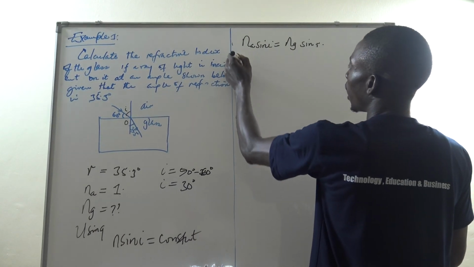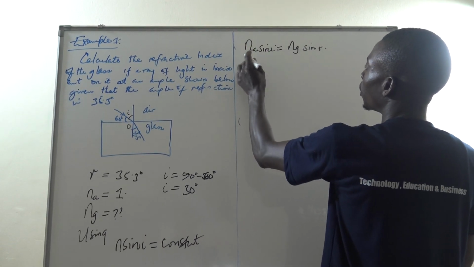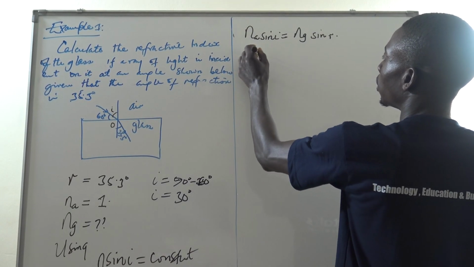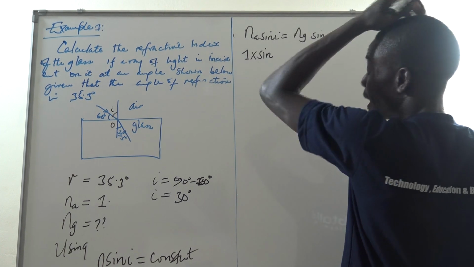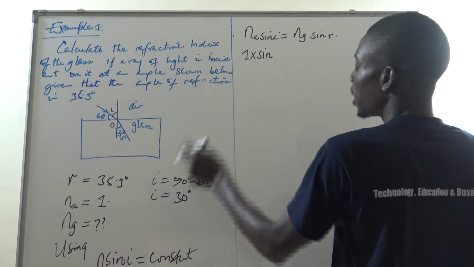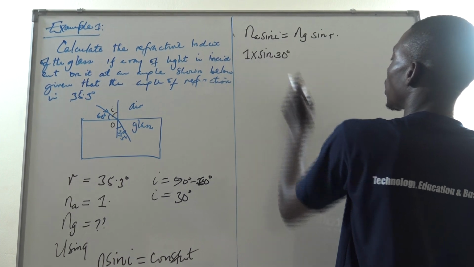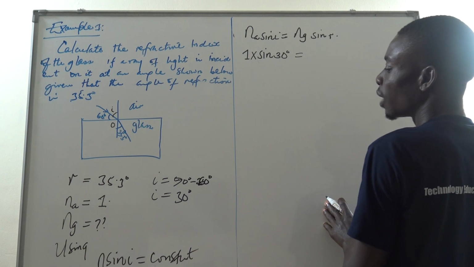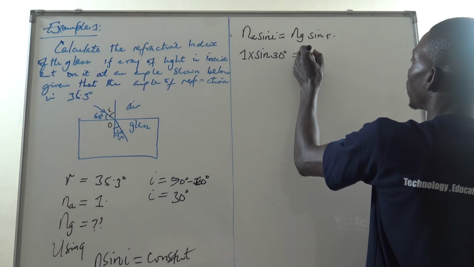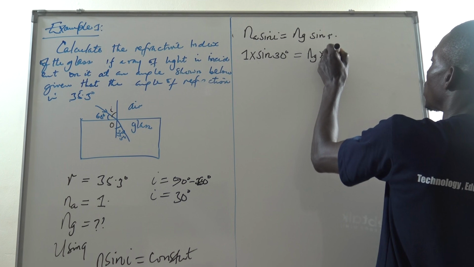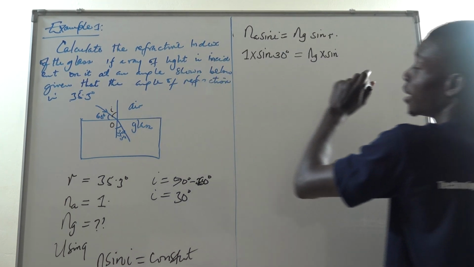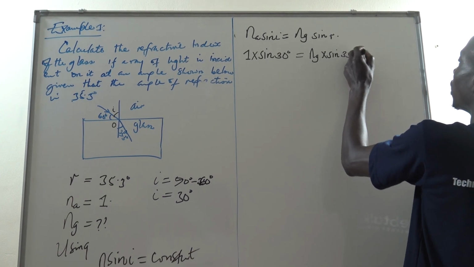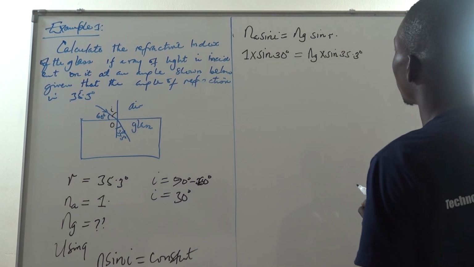So I'll say 1 times the sine of the angle in air, and that one we said should be 30, equals the refractive index of glass, which is what is needed, times the sine of the angle in glass, and that is 35.3 degrees.